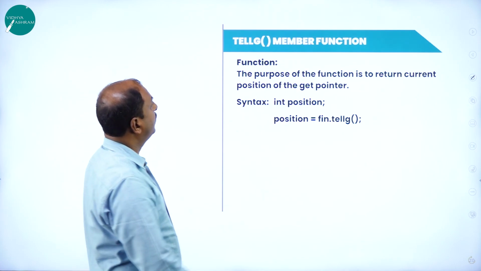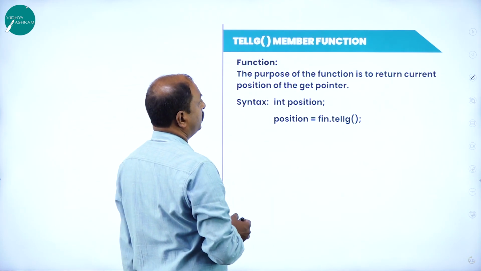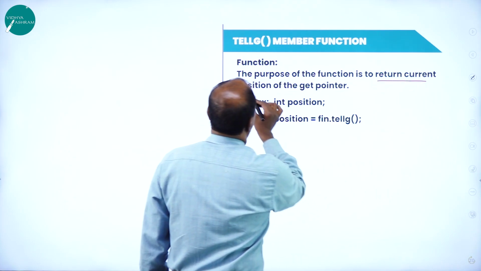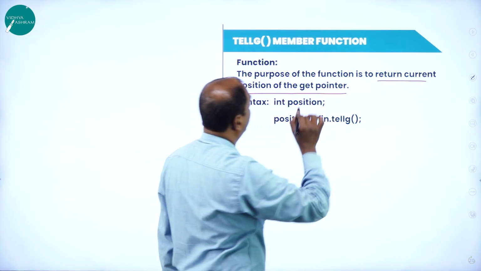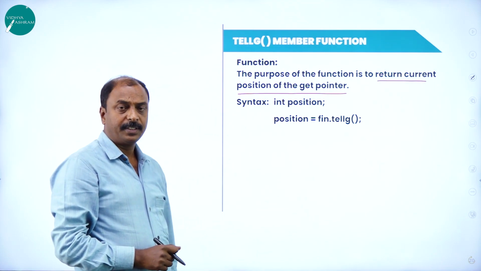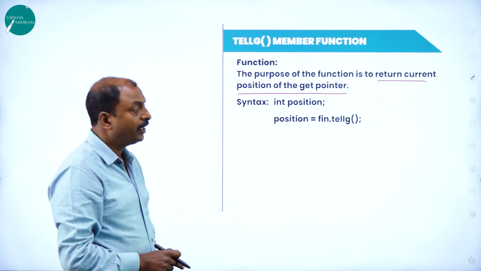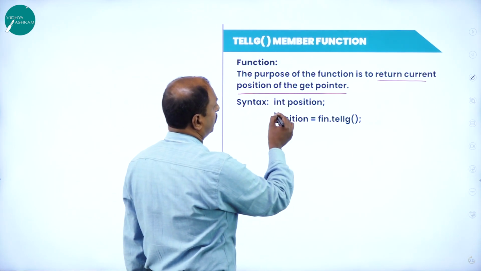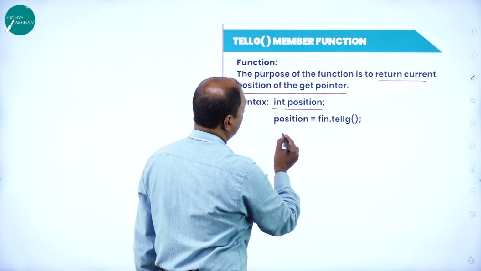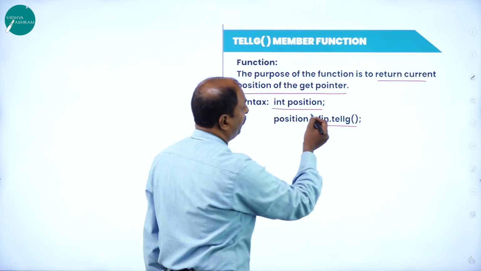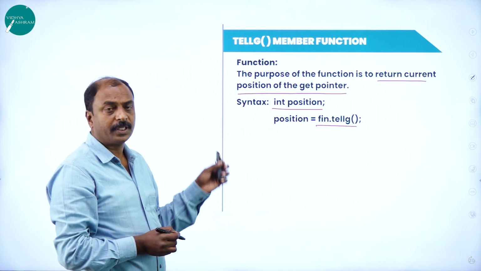In the next slide, the tellg function. The purpose of this function is to return the current position of the get pointer, so as to know where exactly the get pointer is within a file. Syntax: int position; position equals fin.tellg(). Here fin is an object of a particular stream.